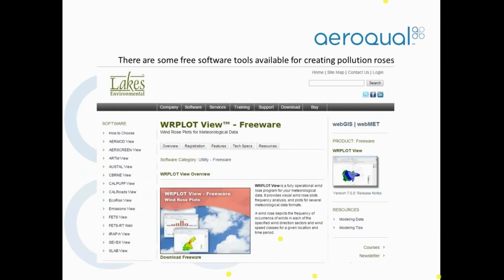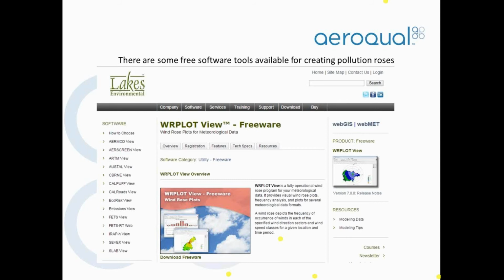There's an abundance of software available in the market which makes presenting these wind rose plots and pollution rose plots quite easy. There's a free tool available called WRPLOT. This was originally developed by the US EPA, but it's now distributed by Lakes Environmental, who are a very well-known environmental software company.